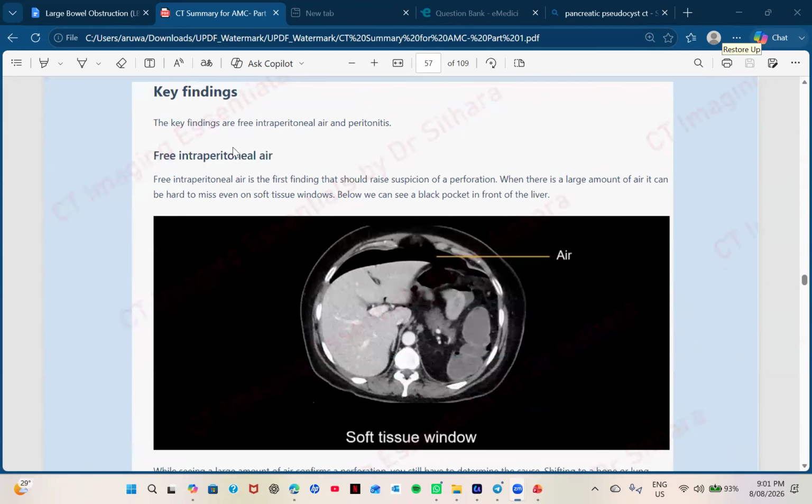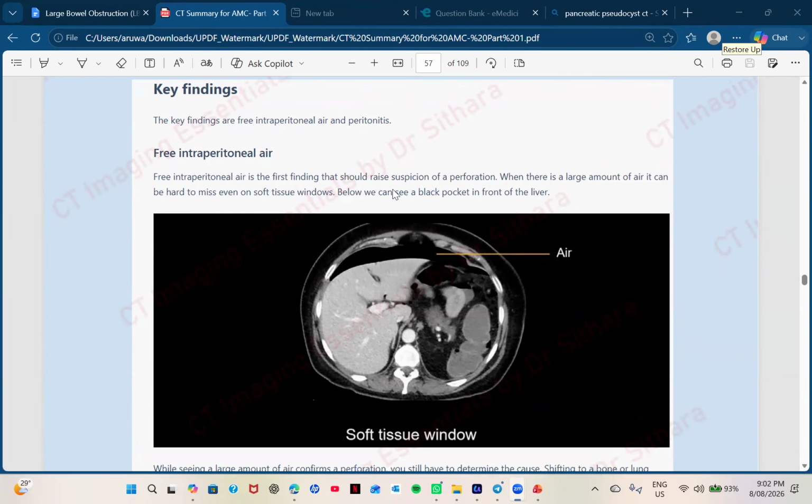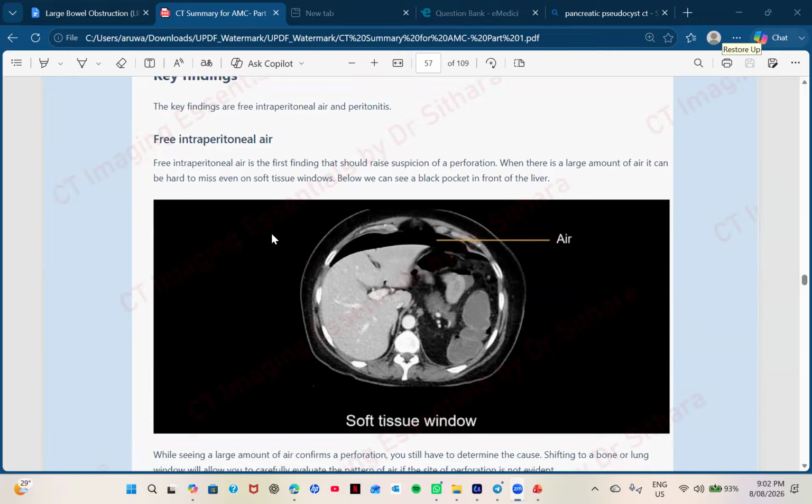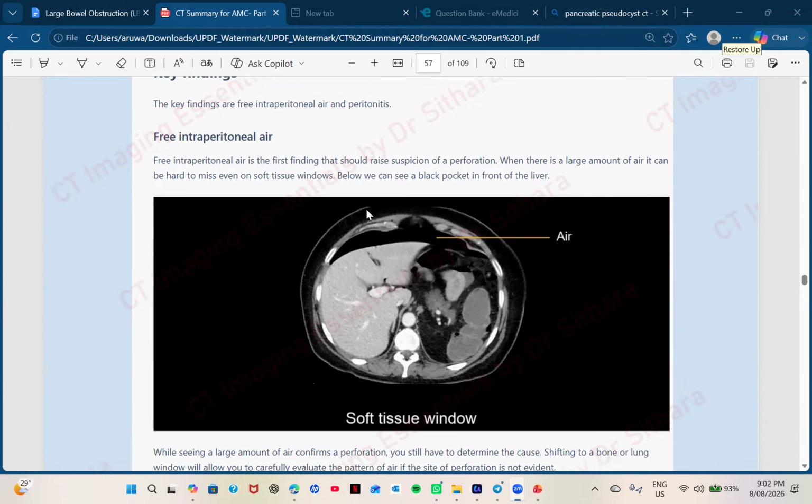So the key finding is free intraperitoneal air and peritonitis. Free intraperitoneal air is the first finding that should raise the suspicion of perforation. When there is a large amount of air, it is hard to miss, even on the soft tissue window.